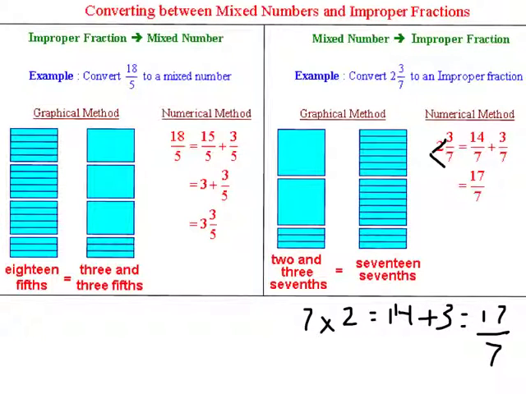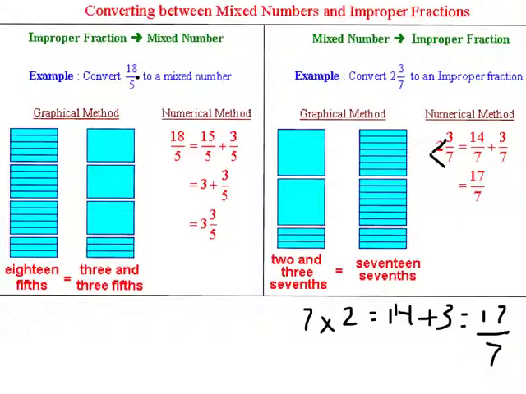Again, if you have the graphical method here, you've got 2 wholes, and each one of those would consist of 7/7. So 7/7 and 7/7 is 14/7, and then you've got 3 left over for a total of 17/7.